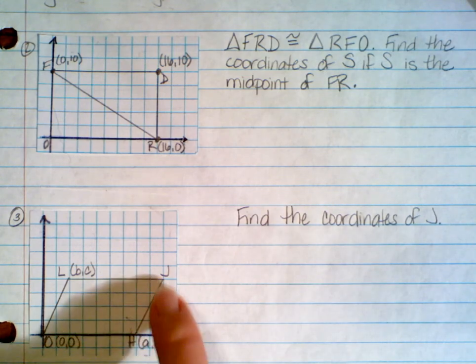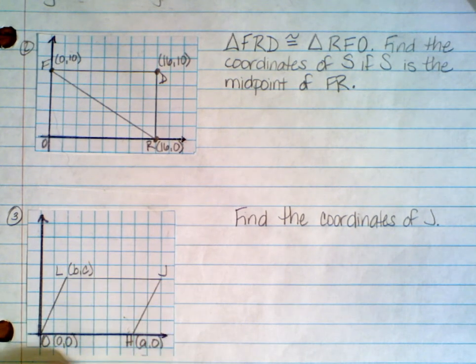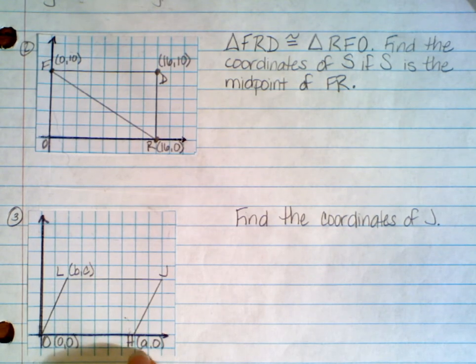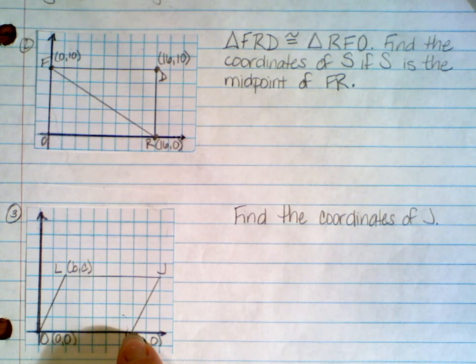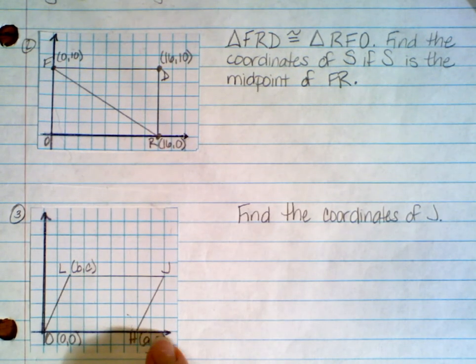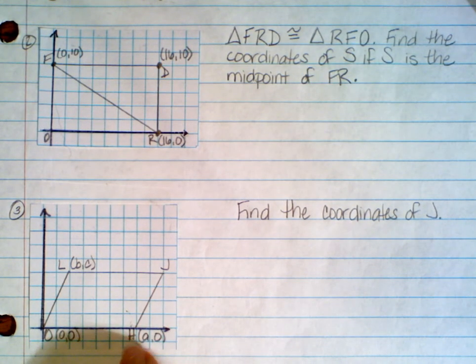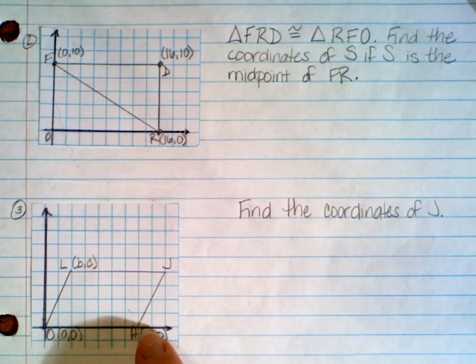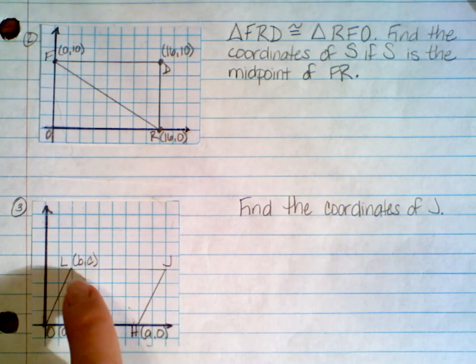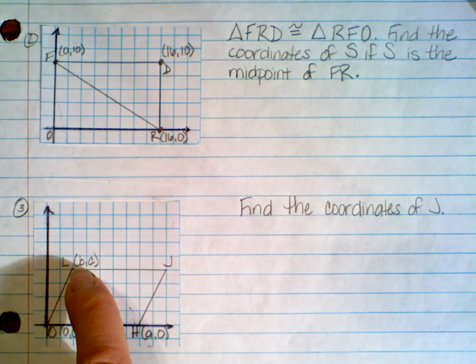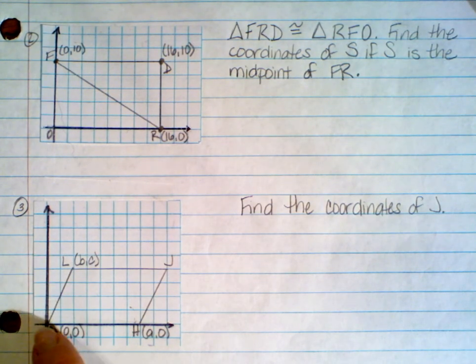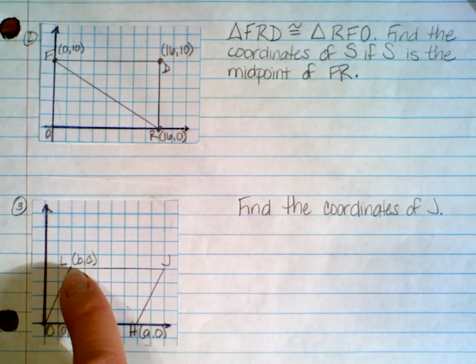So if I'm trying to find point J, I know I have to go over A units to get to point H. How many more units do I have to get over to get to point J? I go over A units here, and the two of them together are B. I know that because I have to go over B units to go up to point L.